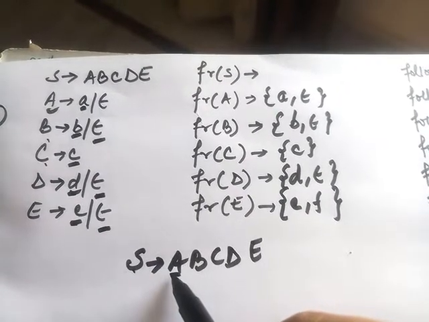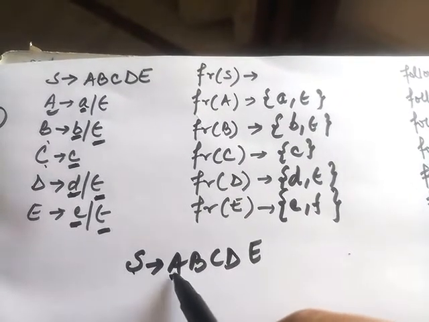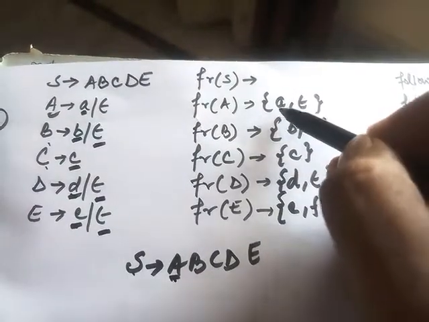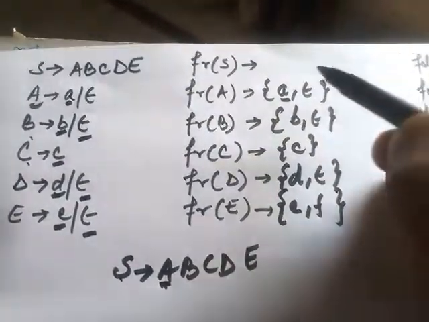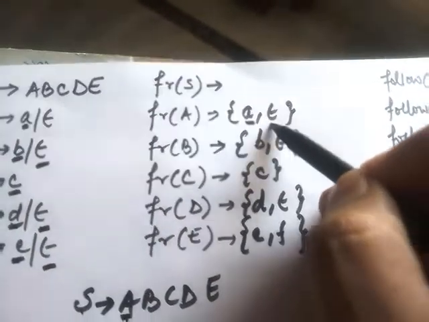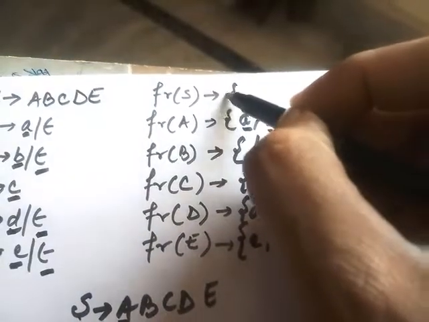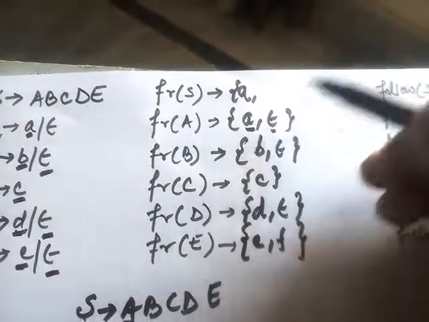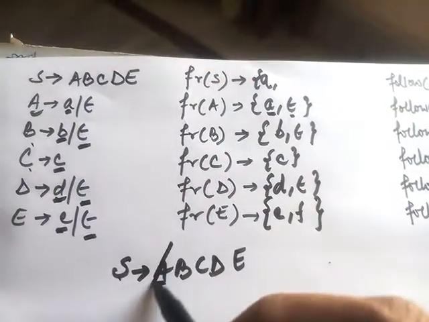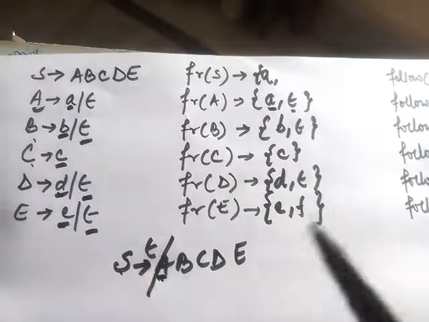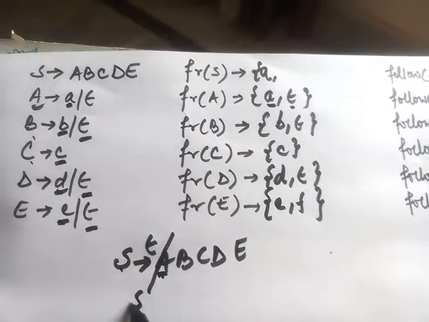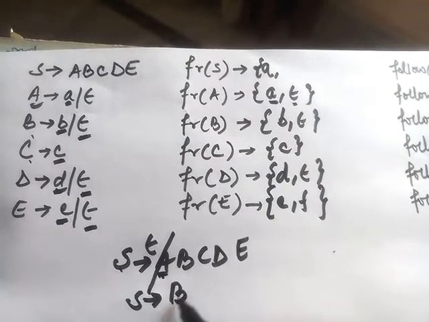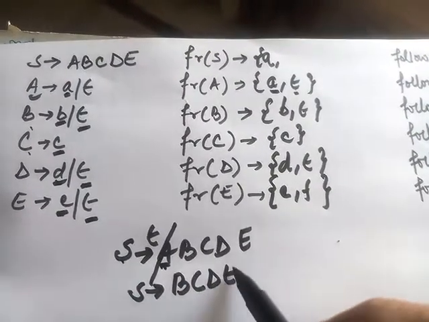So we will find out first of A. First of A is small a and epsilon. So we will keep a over here and we substitute epsilon over here. So instead of this A, it is epsilon. So what is the new production? S generates, epsilon means nothing, so it will be B, C, D and E.